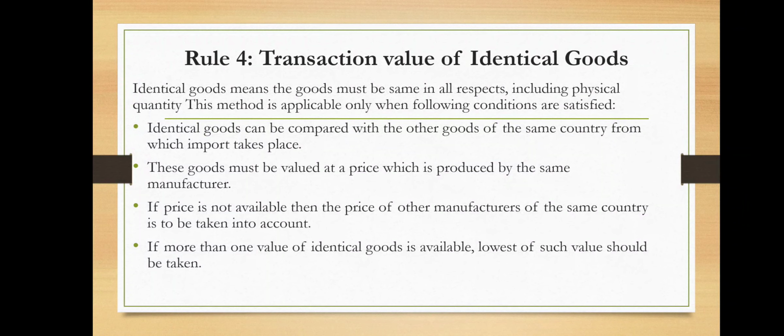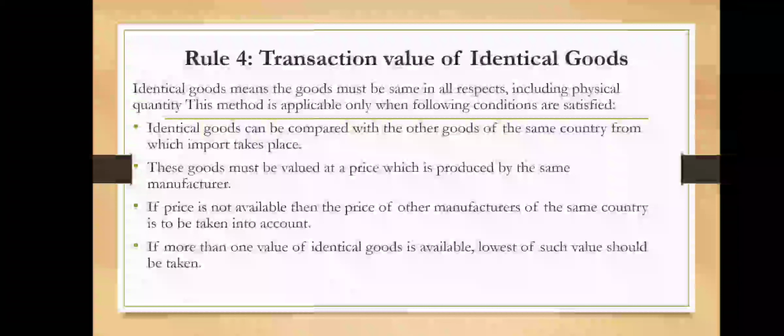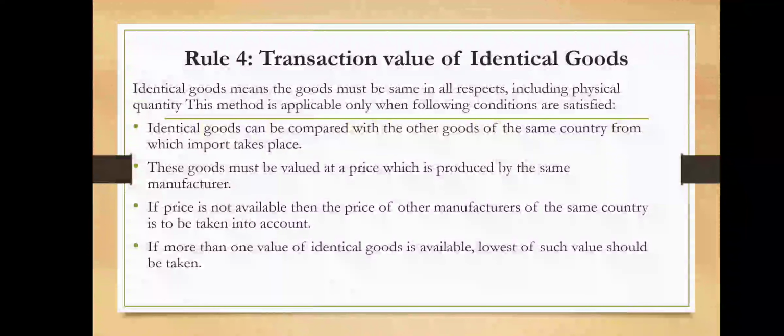In the last problem we saw, 800 quantity was available. The actual import is 800 metric tons, so the similar value it will be 780. Let me revise that one so that you can clear the concept.